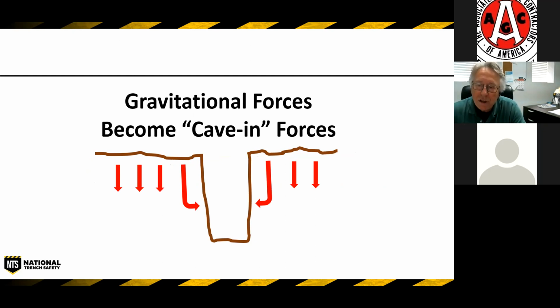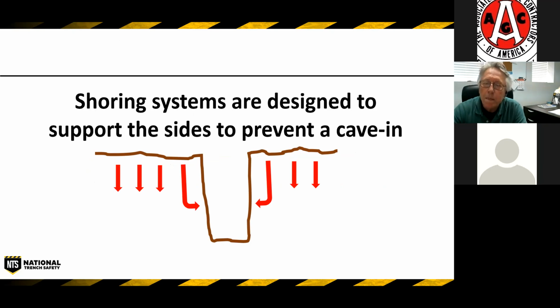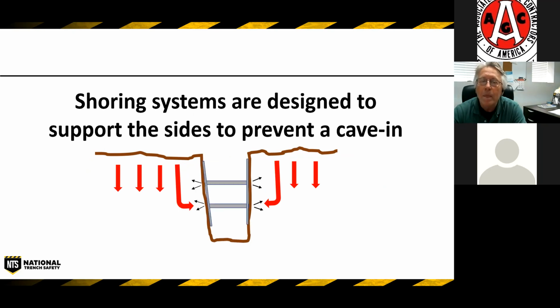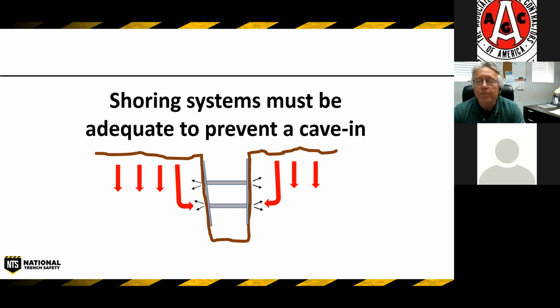And that's because the gravitational forces are greater than the strength of the soil. So shoring systems are designed to support the sides of the excavation and push against those cave-in forces to prevent a cave-in. As long as the shoring systems are positioned correctly and pressurized correctly, they are adequate to prevent a cave-in.